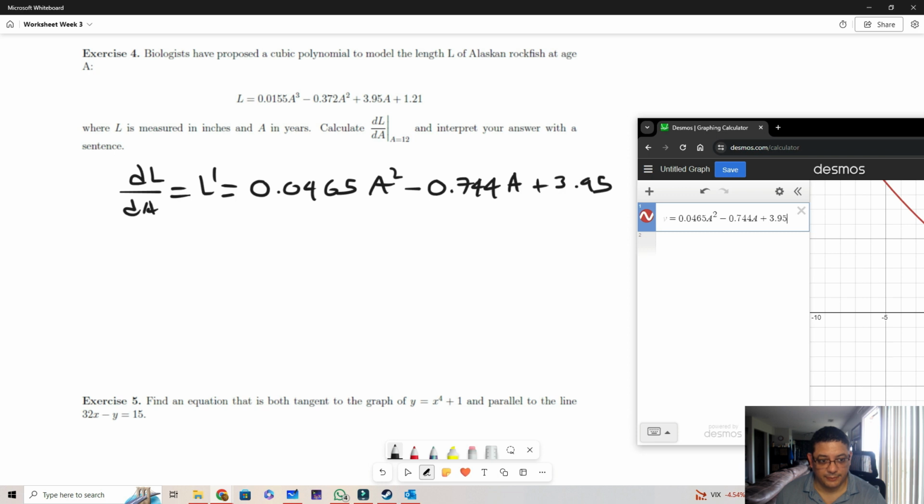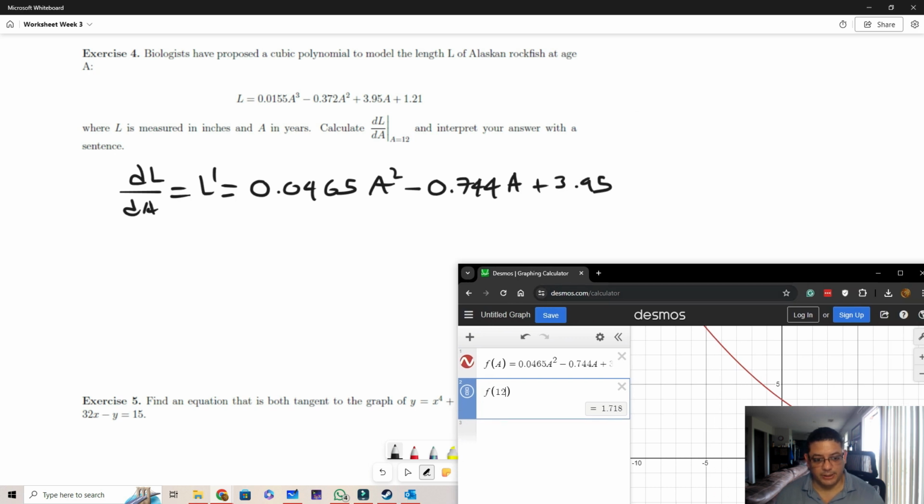And so now we have our function in there. I'm going to call this f of A. Okay, and now I'm going to calculate what f of 12 is. So it turns out that f of 12 is 1.718.